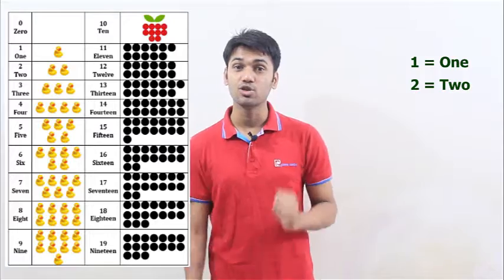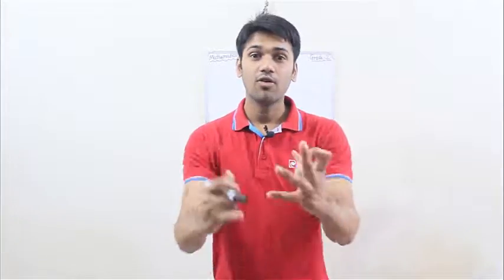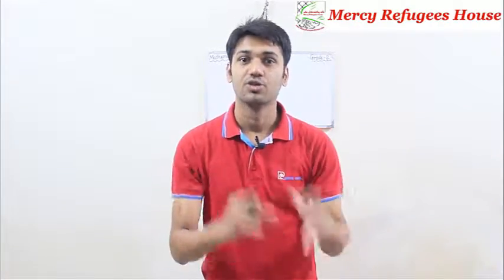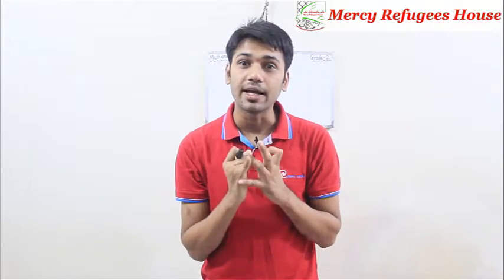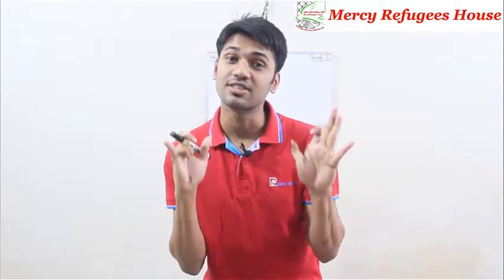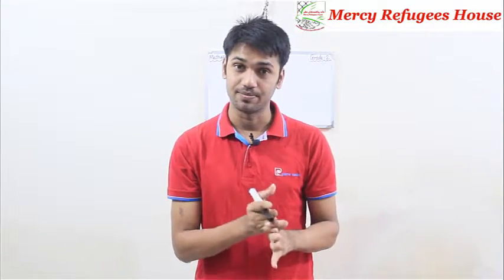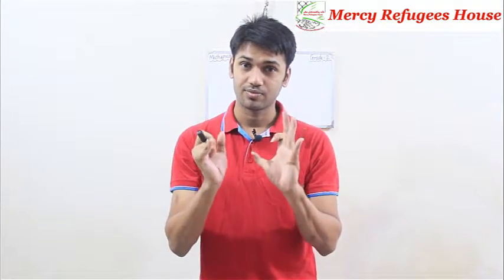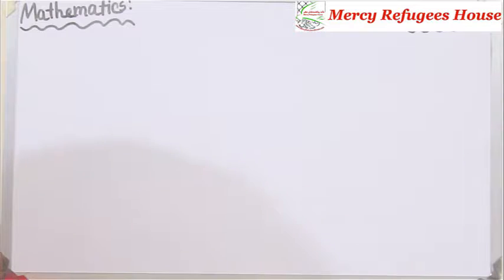Well, let me show you on the blackboard. Now look at the blackboard. The way I am teaching it, you follow the same strategy. Okay, that's it. Look here. Now, once you are talking about the numbers, you do it like this.